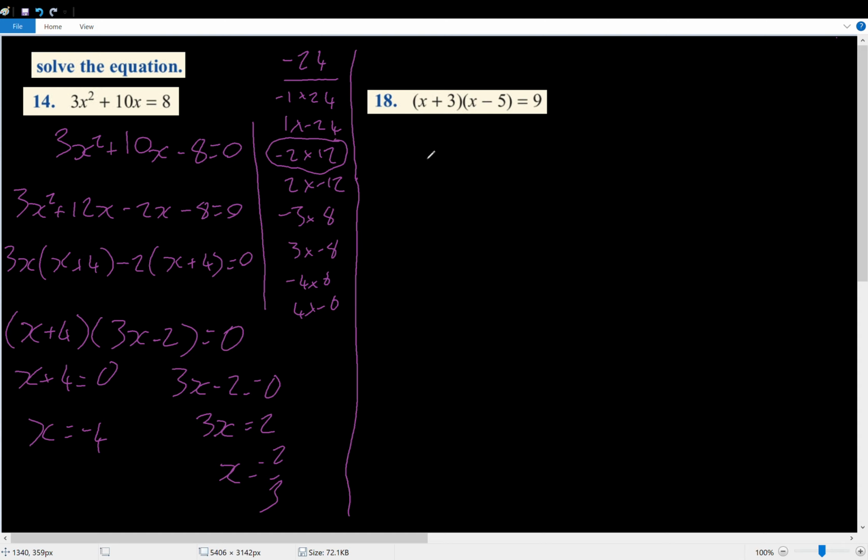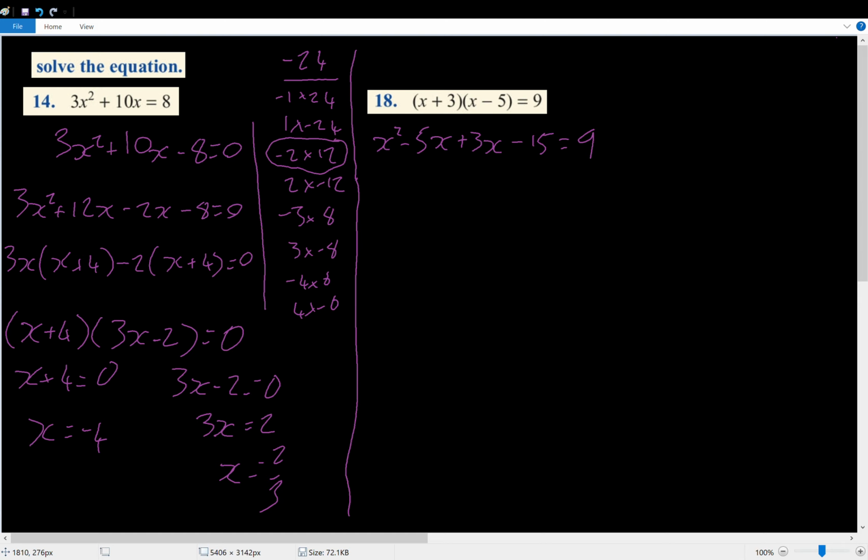So let's multiply the brackets out first. We're going to multiply everything in the left bracket by everything in the right bracket. So x times x is x squared. x times minus 5 is minus 5x. 3 times x is 3x. And 3 times minus 5 is minus 15. And that is all equal to 9.